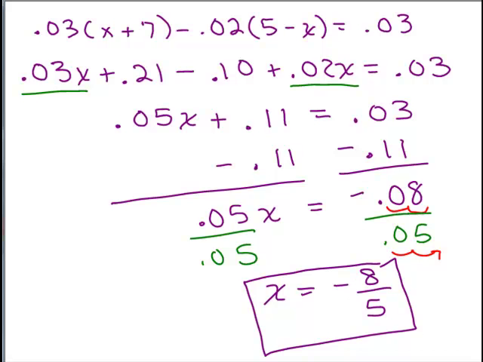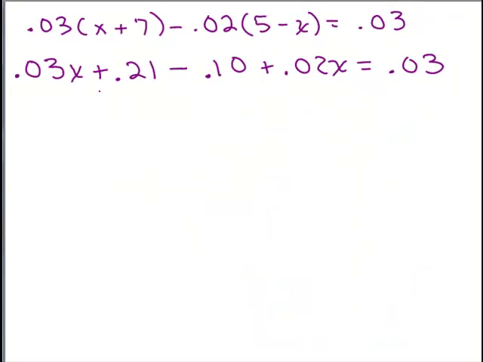Now, you could do a little combination here. You could go ahead and do your distributive property first and then multiply everything by 100. Let's see what that looks like. So let's say you did the distributive property first, like we started that problem. But at this point, we see every single term happens to have 2 decimal points. So why not multiply everything by 100, meaning everything gets to move 2 decimal points to the right, every single term.